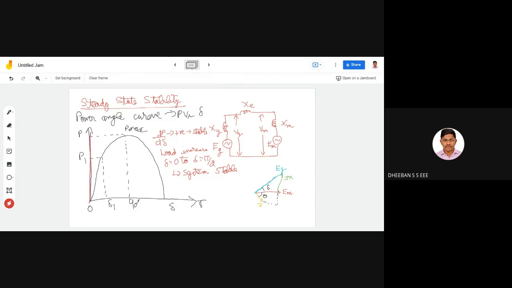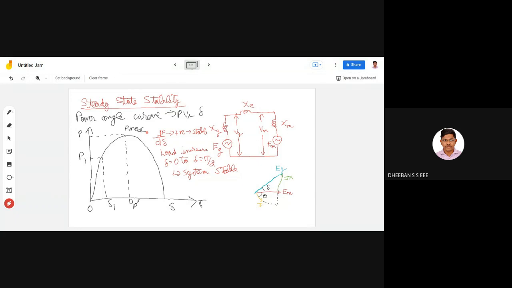Your power will be on the y-axis and delta on the x-axis. Now, if you increase your load, your delta will increase from 0 to pi by 2. This delta value will keep increasing, and when it reaches pi by 2, it reaches the maximum power.